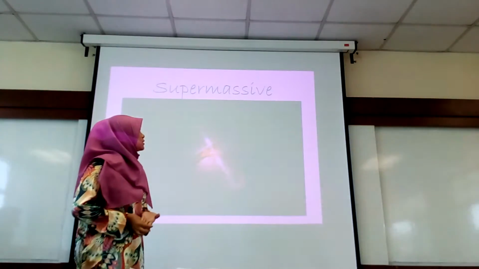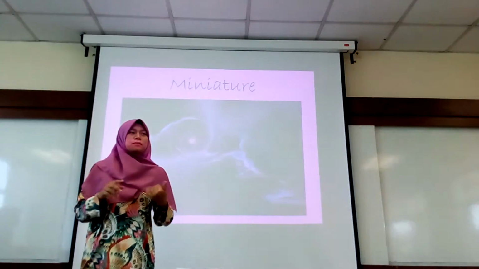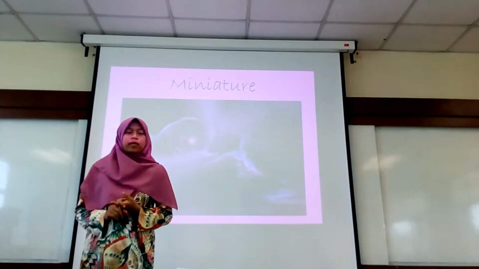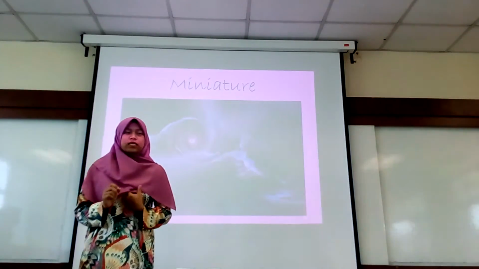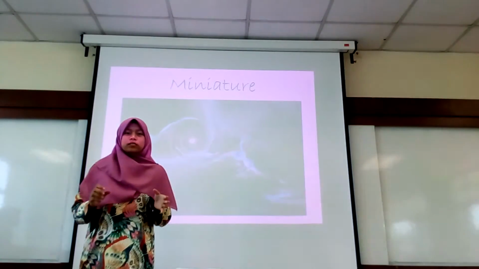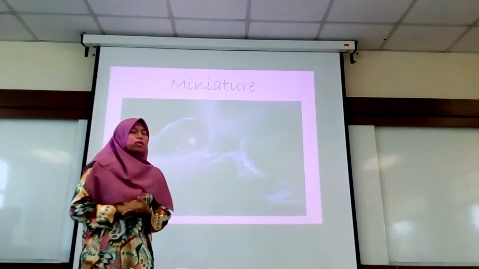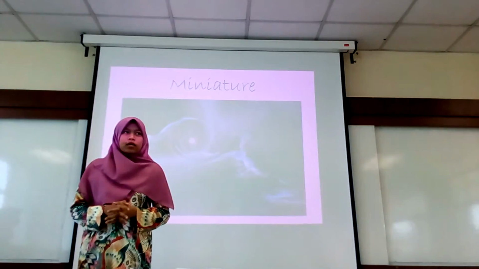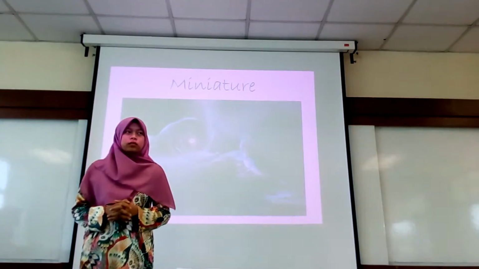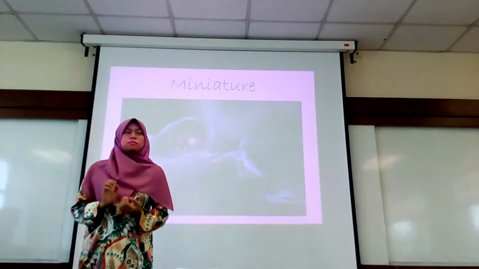The last one is the miniature, or we can call it a mini or quantum mechanical black hole, because it is tiny and has a mass a little less than the sun. It is formed by the pressure of interstellar clouds.